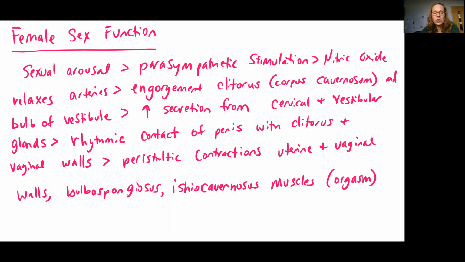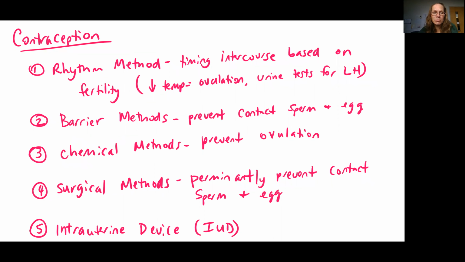Continued rhythmic contact of the penis with the clitoris and the vaginal walls will trigger the orgasm, which is basically peristaltic contractions of the uterine and vaginal walls, as well as the bulbospongiosus and ischiocavernosus muscles. Now, in females, there's not the refractory period the same way there is in males, so females can have multiple orgasms pretty short together in time.